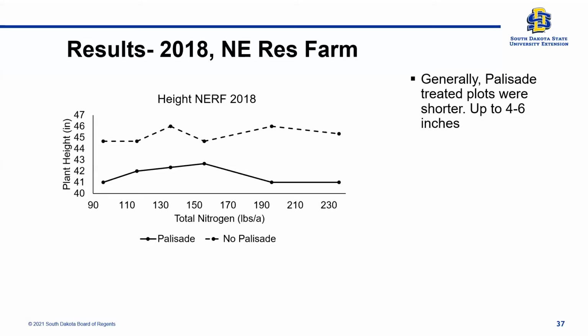And for height, in the same year, 2018, at the Northeast Farm, we saw a significant height difference between the Palisade treated and non-Palisade plots. In 2016 and 2017 we didn't see any height effect from PGR, but from 2018 onwards we started seeing it.